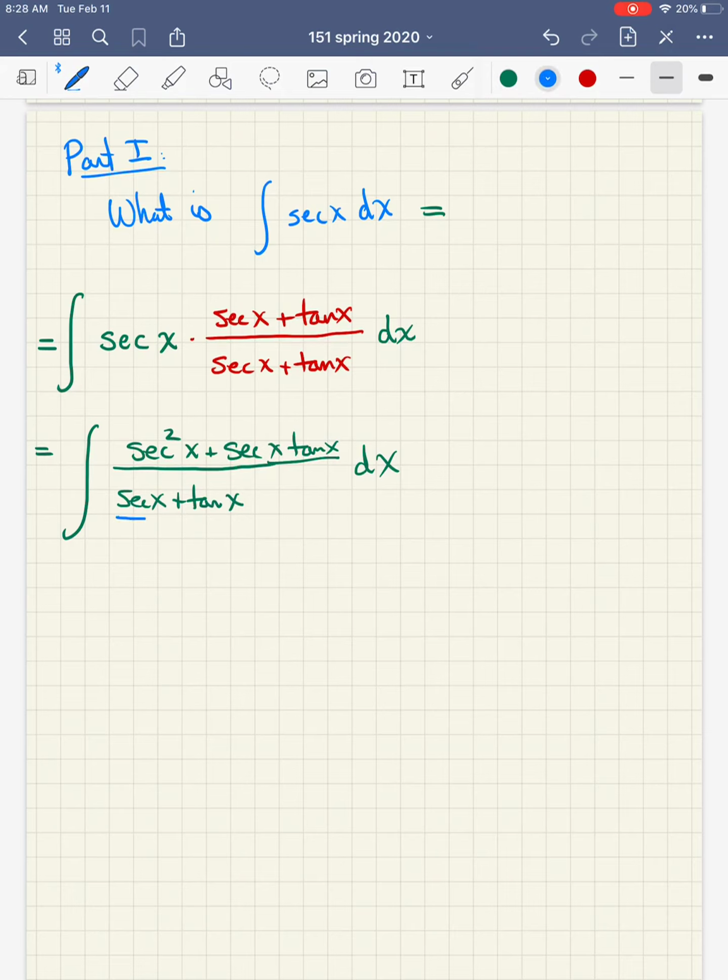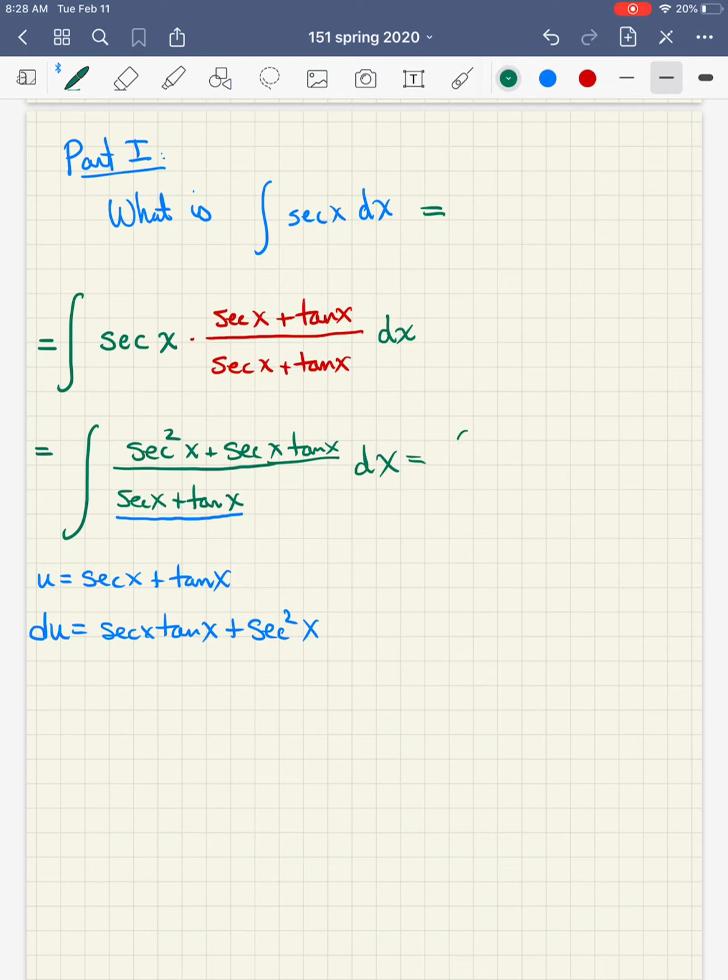But if I let u equal secant plus tangent, I notice that the derivative of u is the numerator. Right? The derivative of this is going to be secant tangent plus secant squared of x, which is literally our numerator. It's written in a different order, but it's still the same numerator.